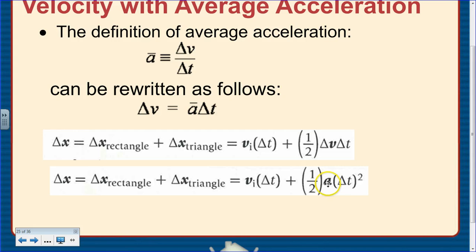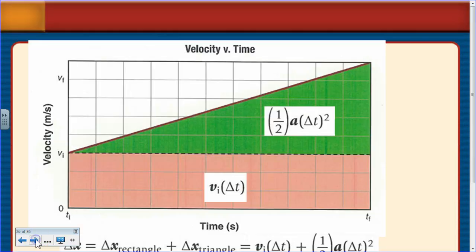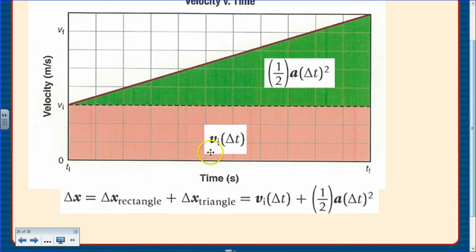That gives us acceleration times time squared. Now we're starting to get this equation. If we graph it, this stays the same, but up here we now have 1/2 the acceleration times the time squared. So we're getting this equation in here.